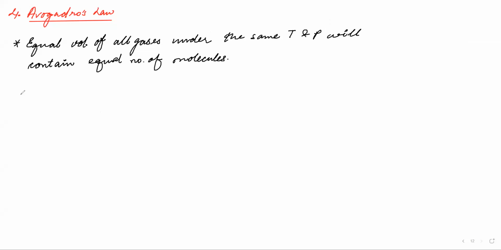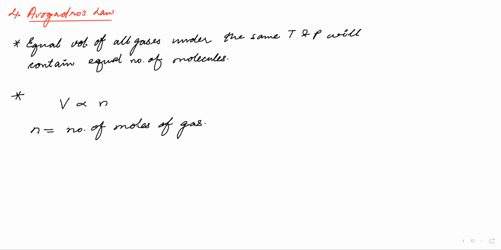Mathematically, the volume is directly proportional to N. What is N? N is the number of molecules, the amount of gas. What is the currency of chemistry? Moles. Number of moles of gas.